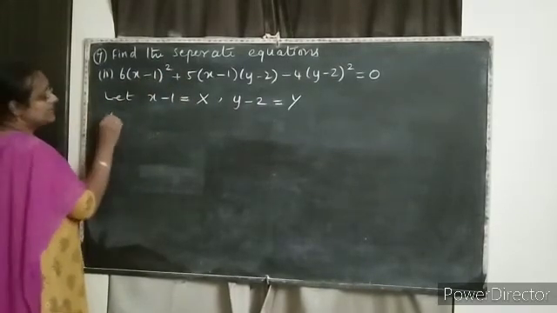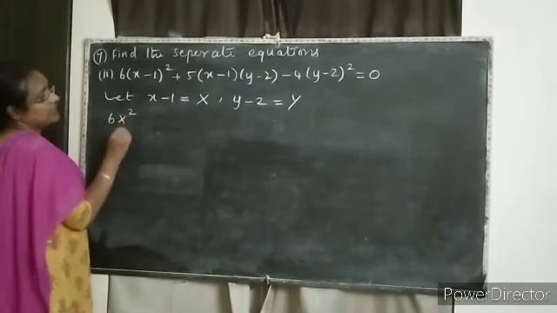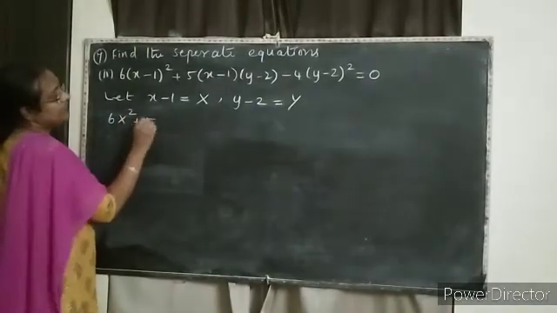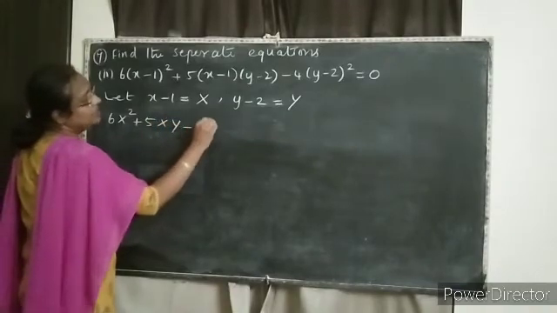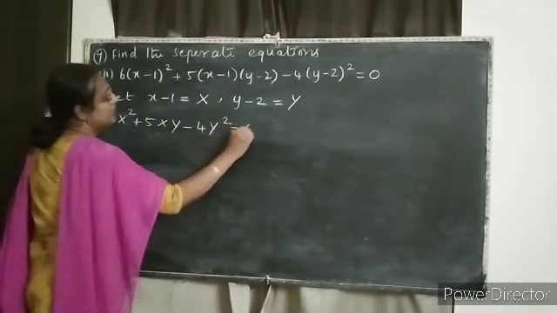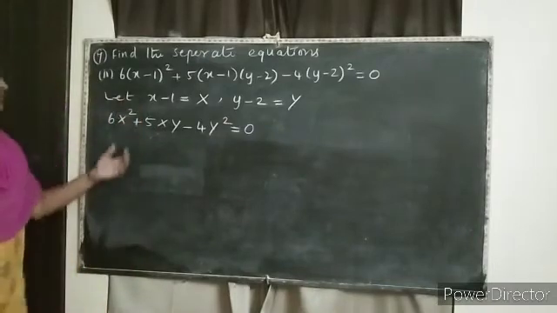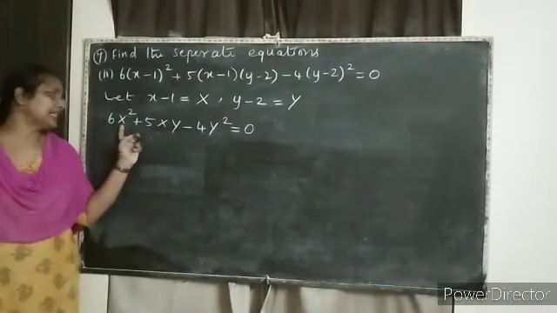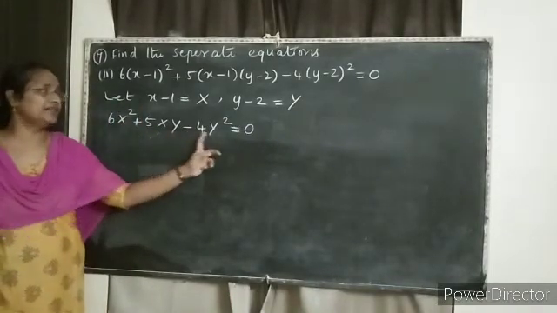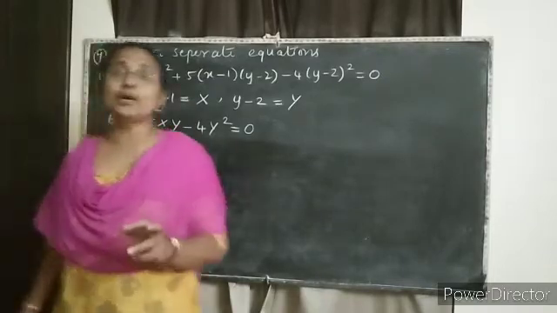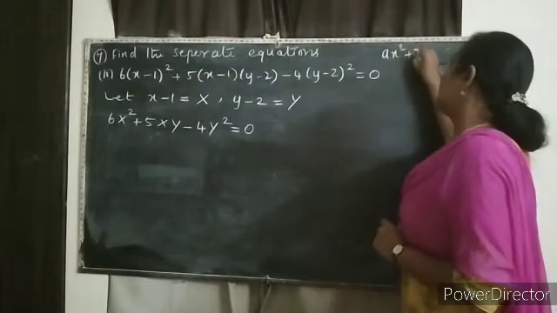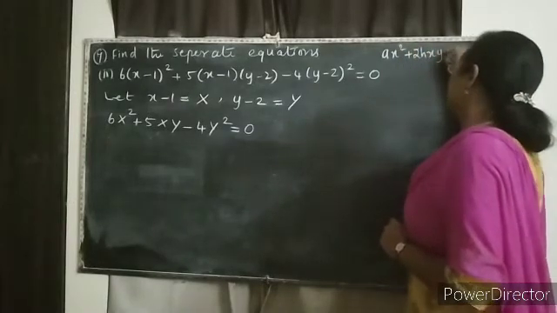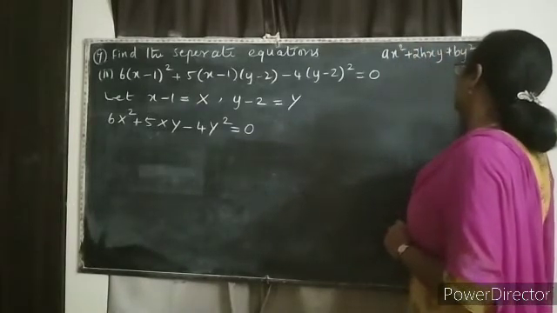Now this becomes 6 into capital X squared plus 5 into capital X capital Y minus 4 into capital Y squared equal to 0. Now did you observe? Now this 6X squared plus 5XY minus 4Y squared is equal to 0 is same as the ax squared plus 2hxy plus by squared equal to 0.